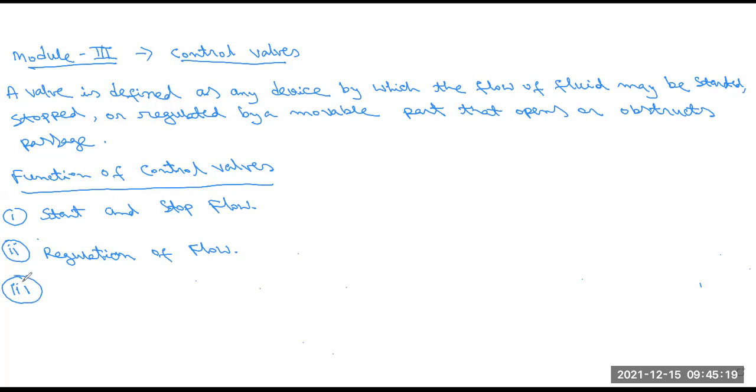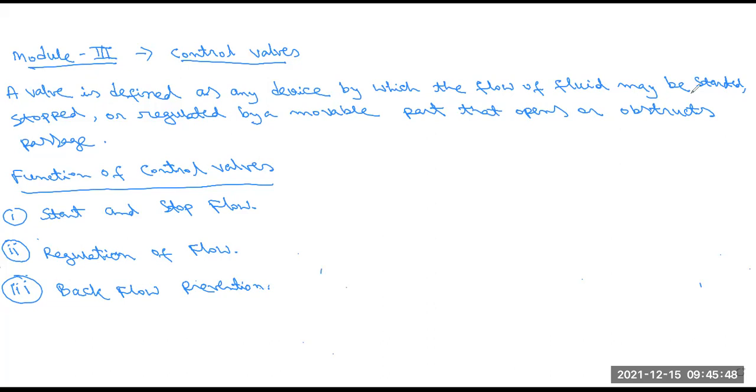Number three, backflow prevention. Backflow prevention is another type. When the fluid passes through this channel or water tube, the fluid does not go back to the starting point.